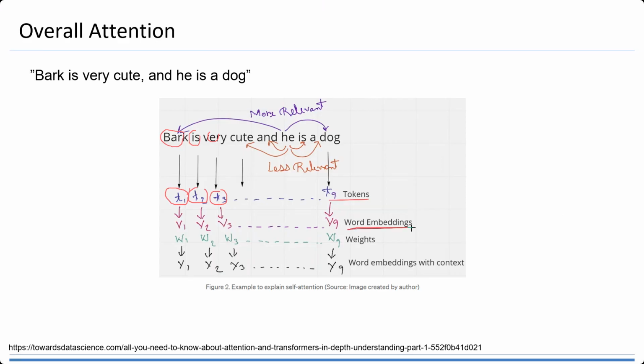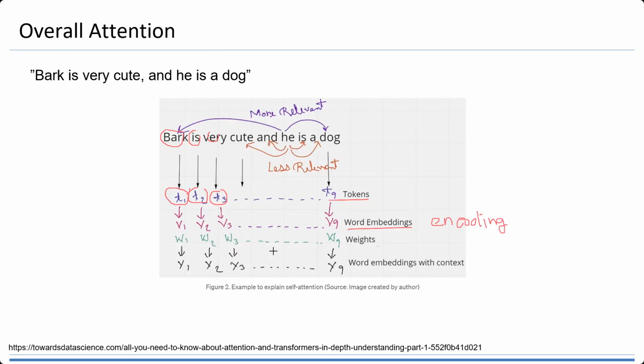For the word embedding, you can do any kind of encoding, or you can use any methods that we learned before, like TF-IDF, bag of words, one-hot encoding, and so on.